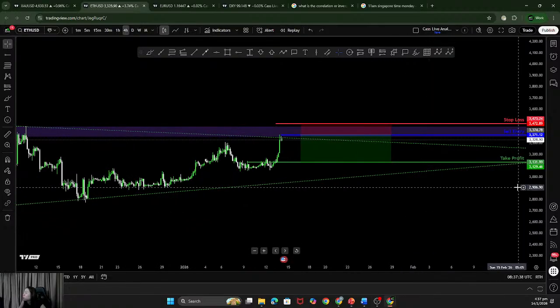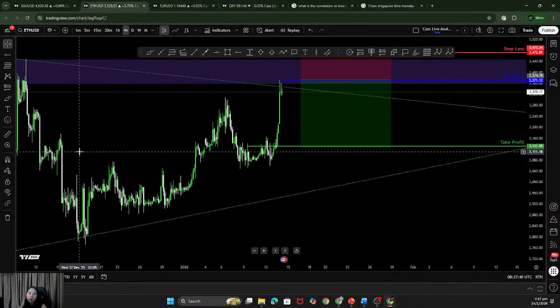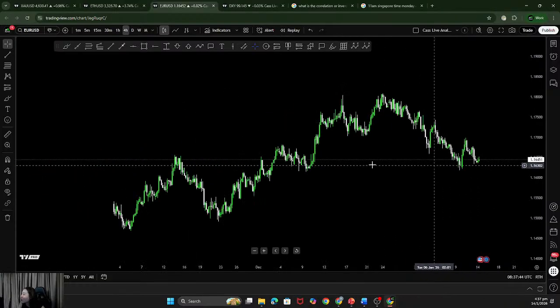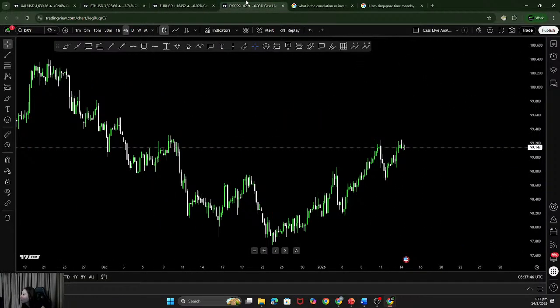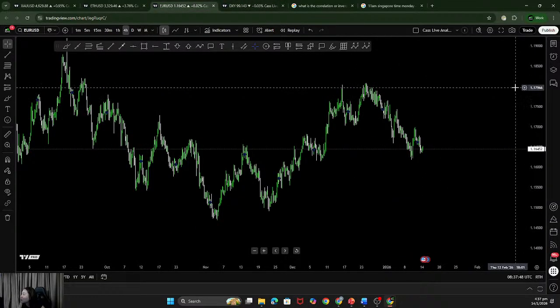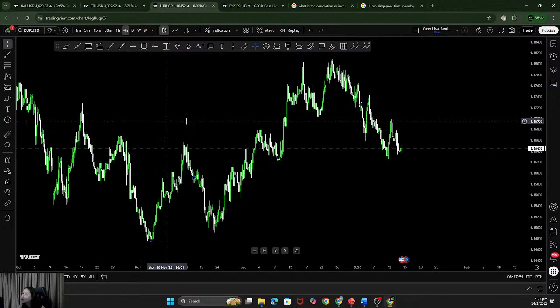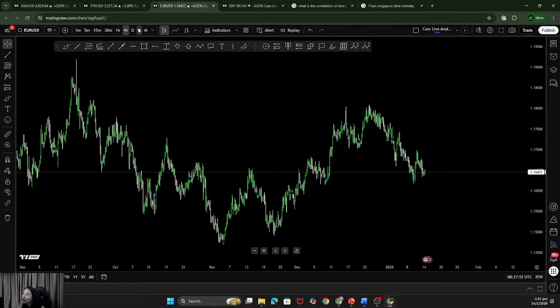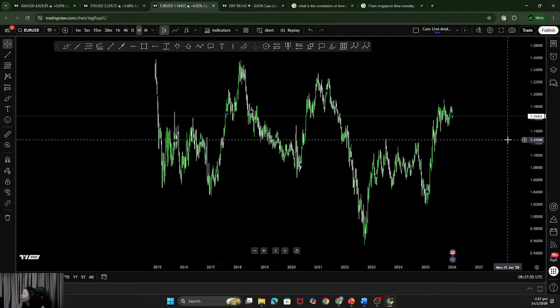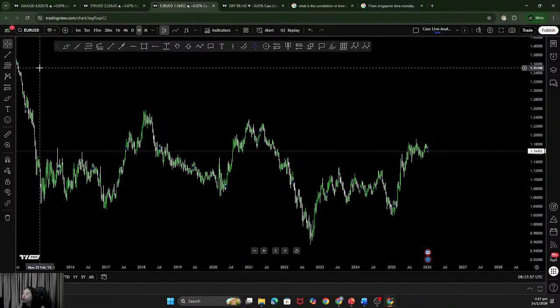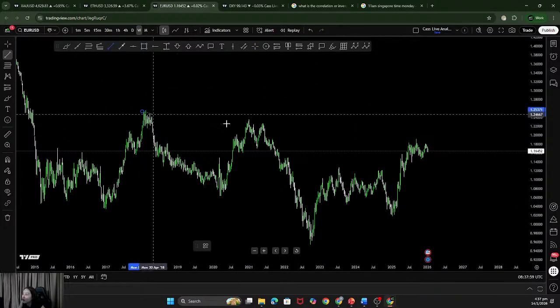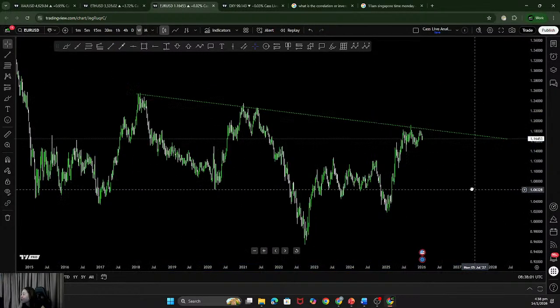Okay, so yeah, that's all I have for you guys today. I've got 2 more minutes. Let me see if I can quickly come up with something for EUR. What do I think EUR is doing? Let's see. It's definitely moving in a downtrend on a bigger time frame, right?